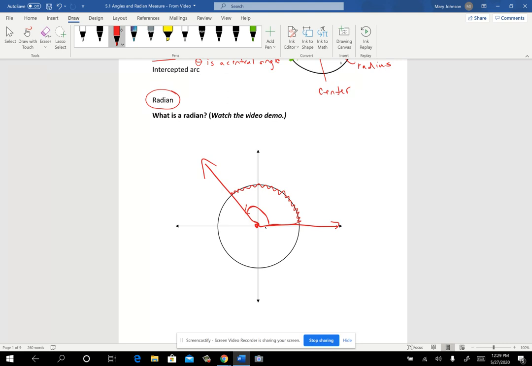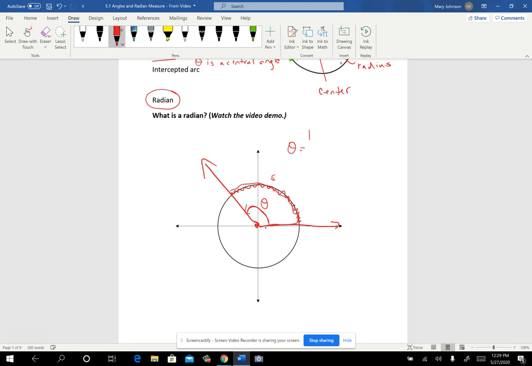And so if I was trying to talk about what this angle would be in radians, let me call this one theta, then I could talk about theta as being equal to whatever this length is. I'm going to label it S. They're going to do that later.